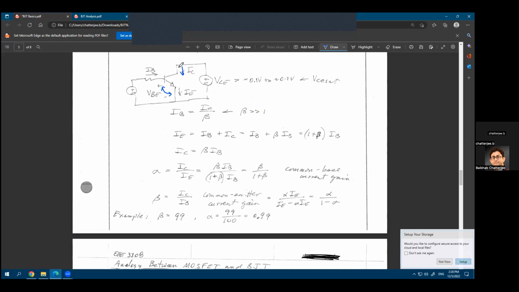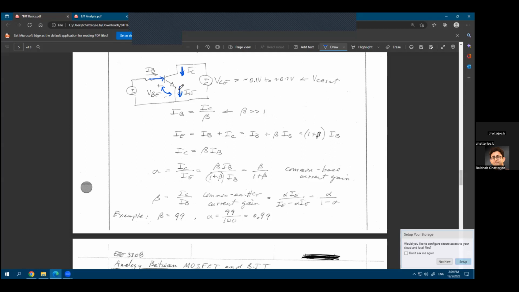For a BJT, that is not true, right? Here you can have KCL. There is a current coming in, and there are currents in these other directions. If you assume that your BJT is a node in your KCL analysis, your IC plus IB will be your IE, right? So that's again one difference between BJTs and MOSFETs.